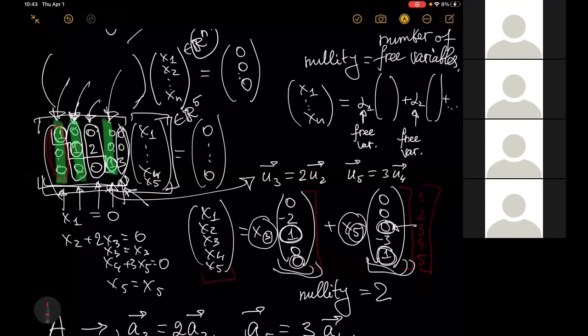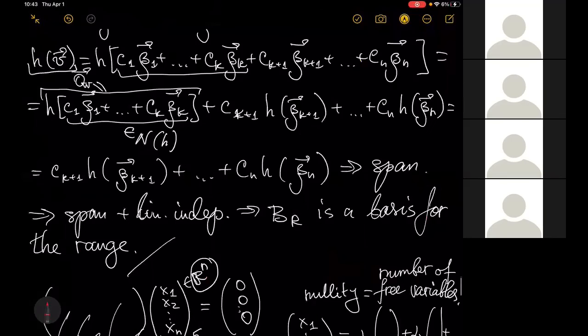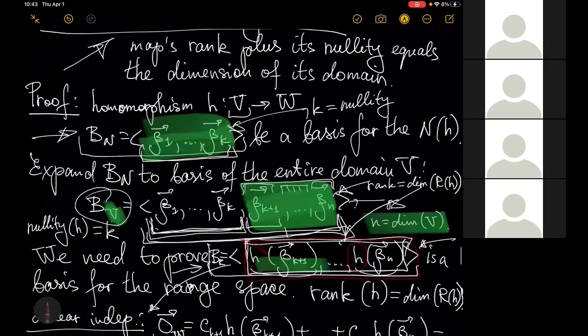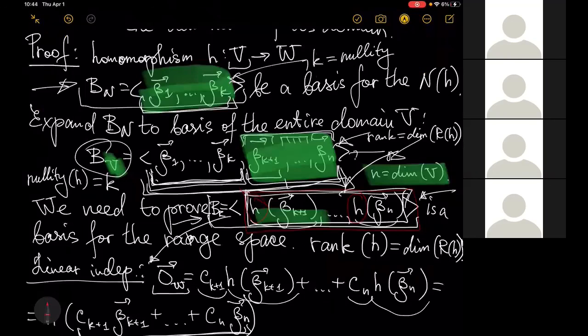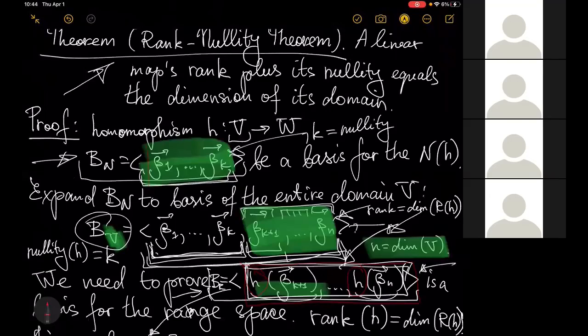So what I'm trying to say is that these are two different vector spaces. As a result, with the null space being a subspace of the original vector space, this is why it shares vectors. This is the basis for the null space. It partly covers the basis for the original vector space.